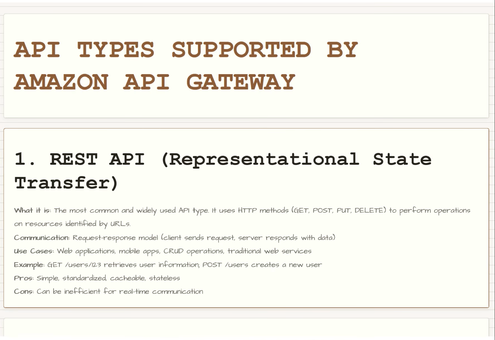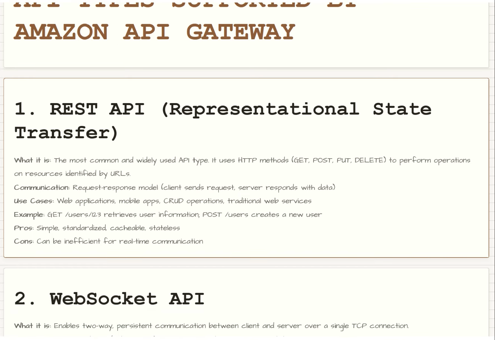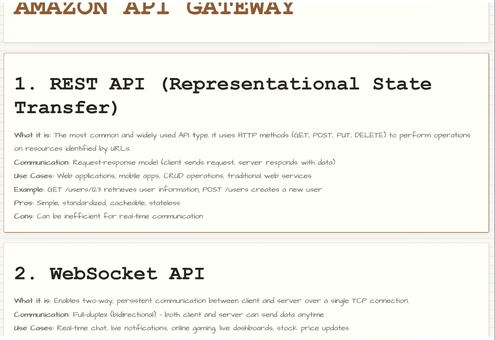Okay, then let's have a look briefly at the API types supported by Amazon API Gateway. The first one, popular these days, is REST API, representational state transfer. This is the most common and widely used API type.